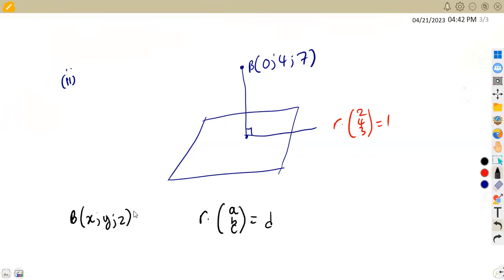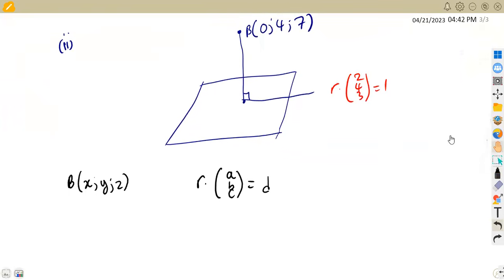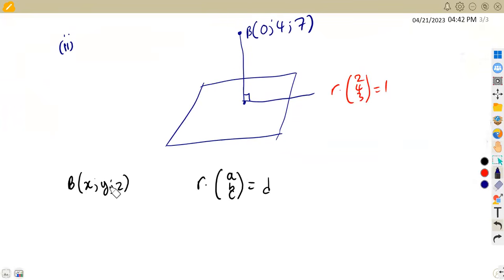The distance between this point B given as x, y, z and the plane r dot A, B, C is going to be given by the modulus of, take note, Ax plus By. You multiply A to x, B to y, plus C to z.